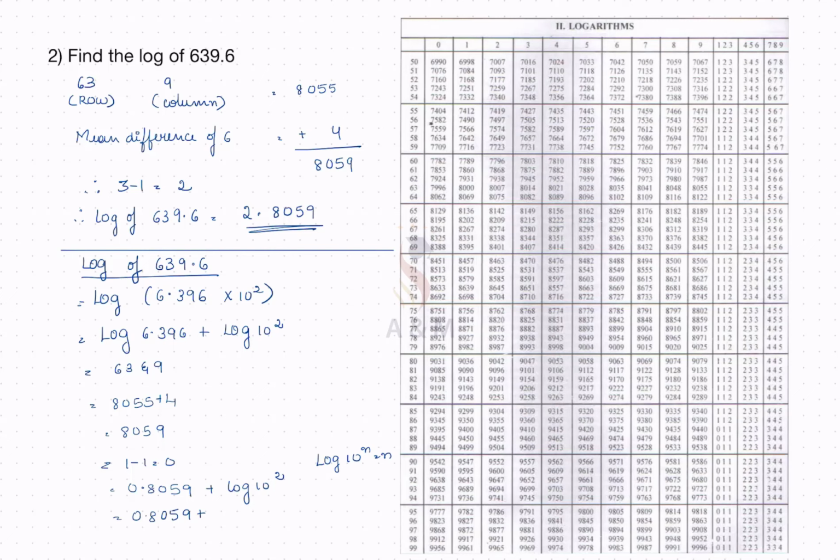So here n means 2. The answer will be 2 itself. Therefore plus 2, 2.8059. This is the formula method. Check the answer. Correct? You can either follow the simple method or the formula method as per your convenience. Let's move on to the third question.